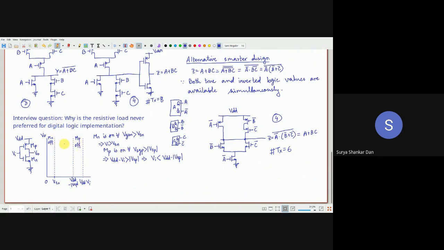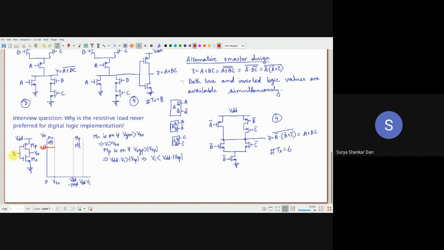Rest, MP is on. So in this region between 0 to VTN, MN is off. This is cutoff, whereas MP is on. So VO will remain at the voltage of VDD. This is your VDD voltage. After that, what will happen? MN is switched on as well as MP.